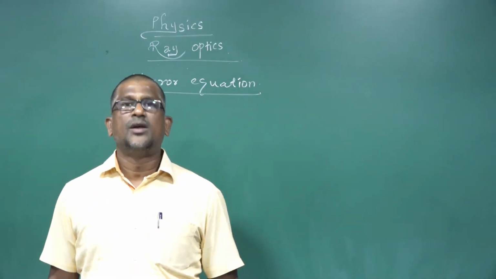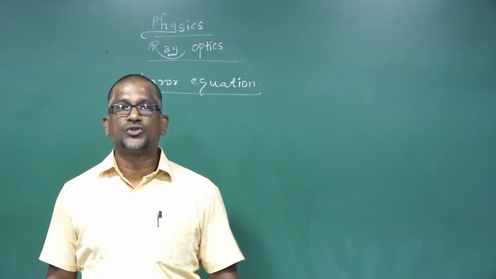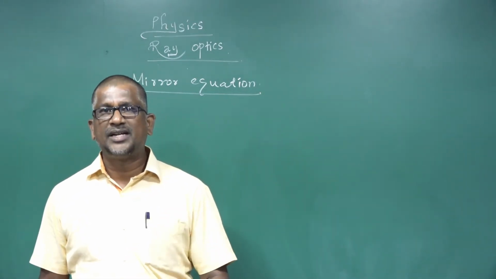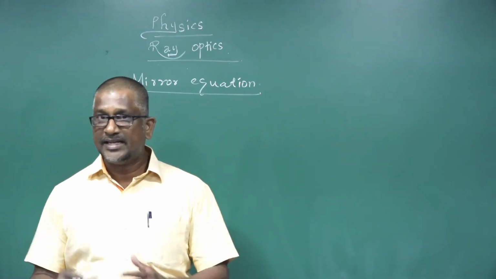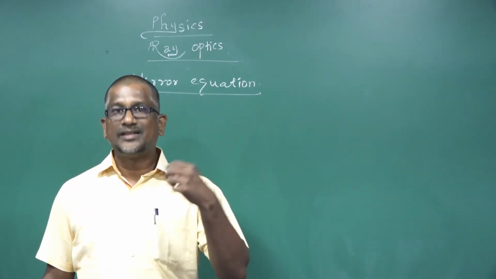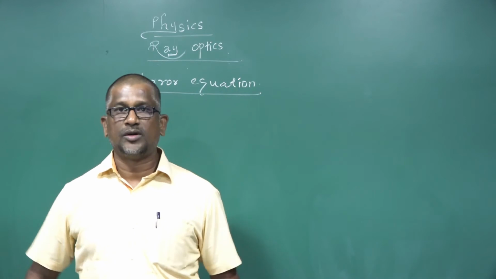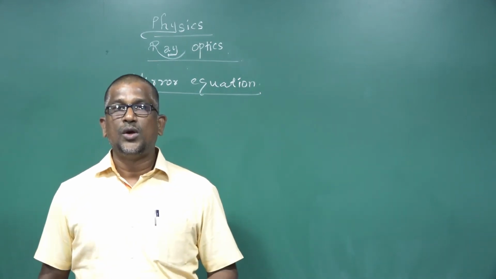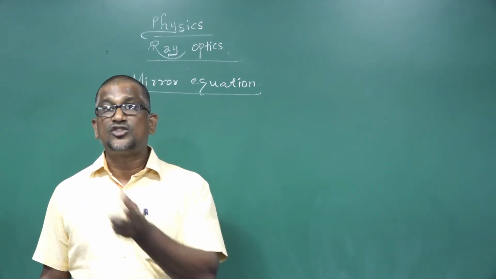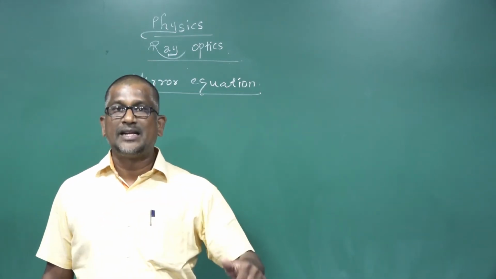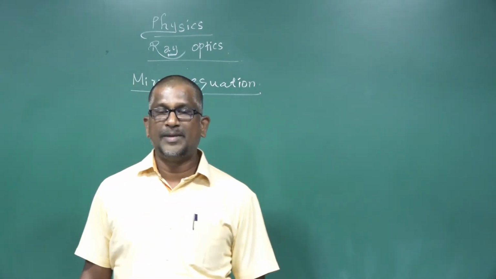Mirror equation, right? What is its use? Suppose the distance of the object from the pole of a spherical mirror is known and the focal length of the given spherical mirror is also known. From these two values, we can find out the distance of the image formed by the spherical mirror from its pole.